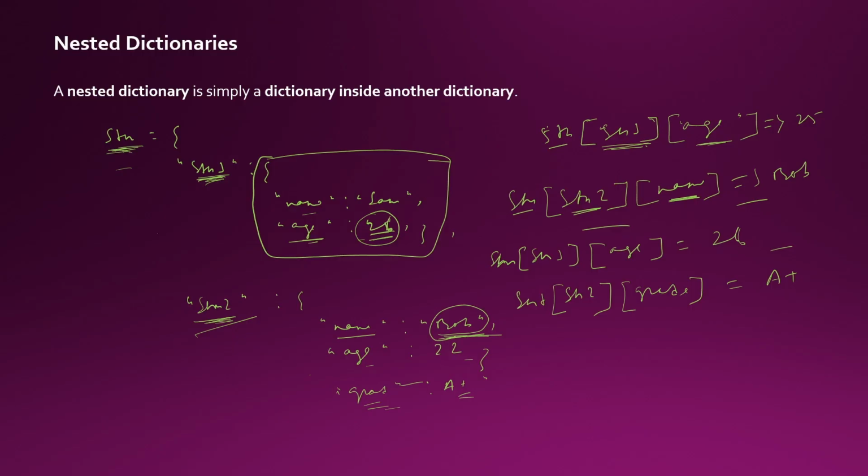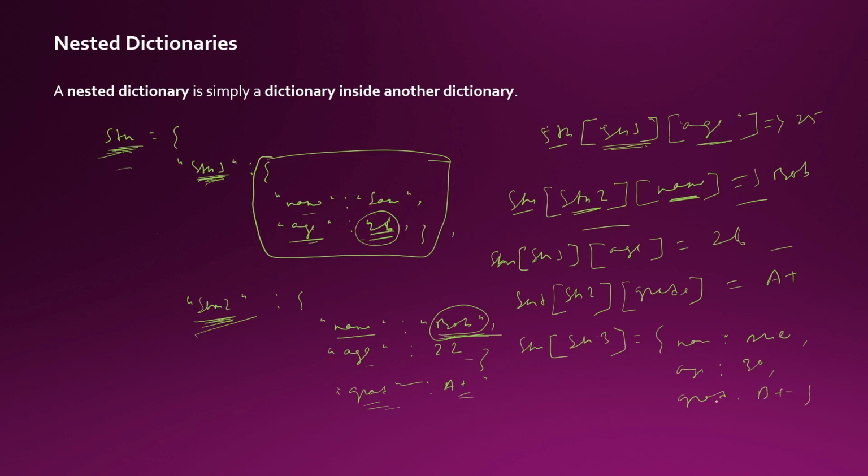And in the same way, we can insert a new key-value pair in my student dictionary. For example, suppose I want to include student 3's details. In that case, we write student, which is my main dictionary, and here I include student 3, and I pass a new dictionary as its value like this: name as, suppose, Alice, age 30, grade B plus.